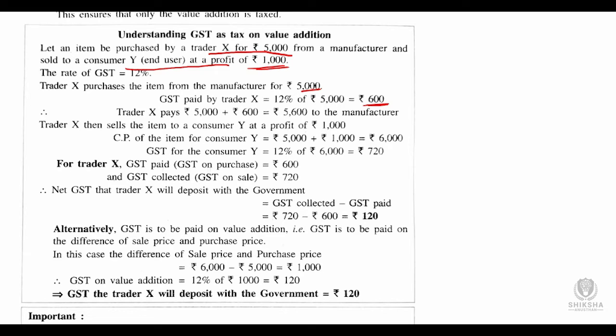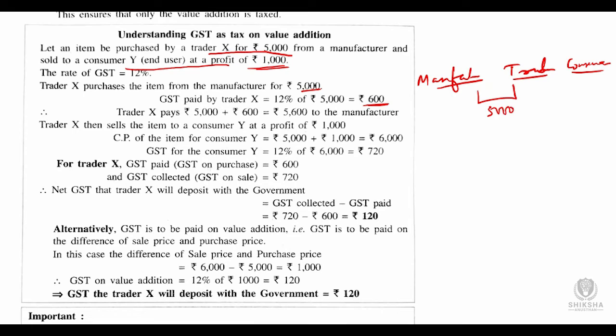Let us say this is the manufacturer, this is the trader, this is the consumer. Manufacturer sells it to the trader at 5,000 rupees.